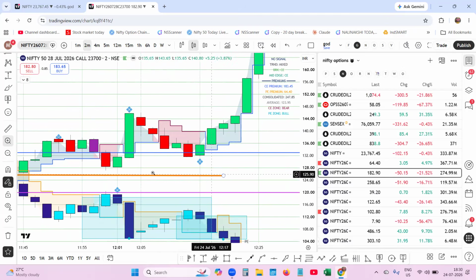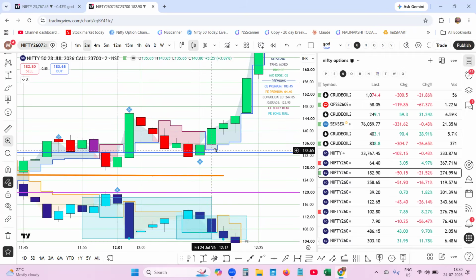At the zone, the green candle pops to an engulfing candle. You can see this is the engulfing candle. The engulfing candle base is there, and after a series of red candles, a green candle is forming. So I am not going to enter into this green candle.